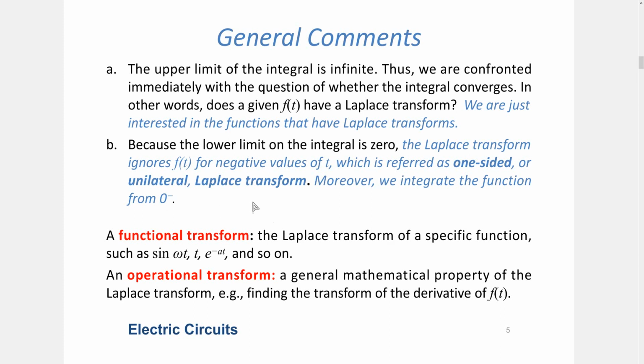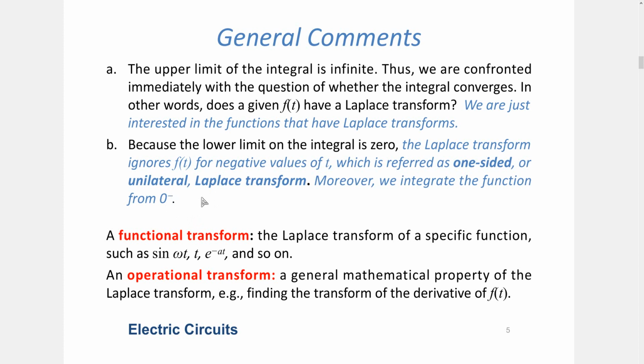Basically, 0 plus and 0 minus notations indicate that we include the 0 in our integral. And in practical terms, the initial value basically sets the starting point for the function. When we are using the Laplace transform in circuit analysis, we use the initial conditions as the starting point for the function value at 0 minus.